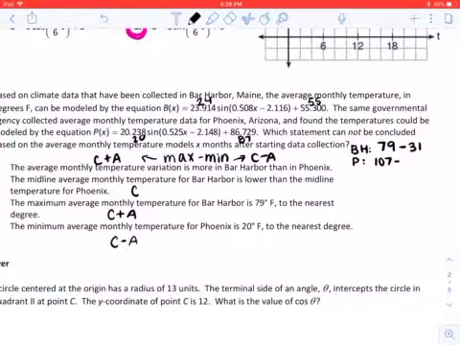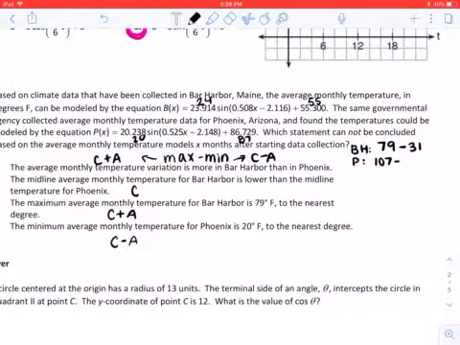And then we'll figure out which one's bigger. So 79 minus 31, you get 48. And then 107 minus 67, you get 40.